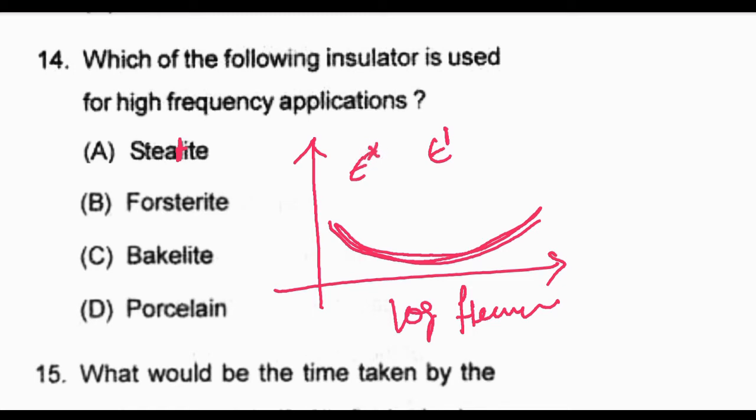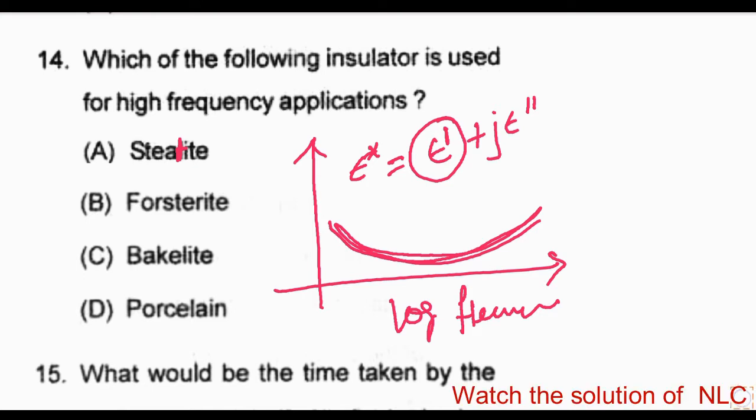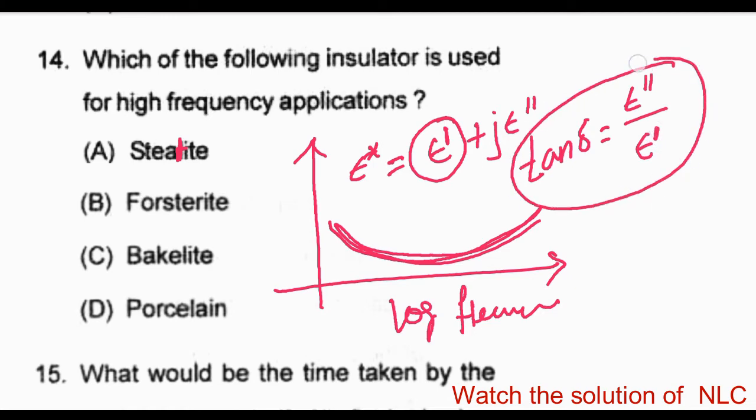Dielectric permittivity in terms of complex permittivity is given like epsilon prime plus j epsilon double prime. Here epsilon prime is the relative permittivity and epsilon double prime is the loss, and here tan delta is epsilon double prime by epsilon prime, and this is the dissipation factor or the loss tangent of a dielectric or an insulator material.